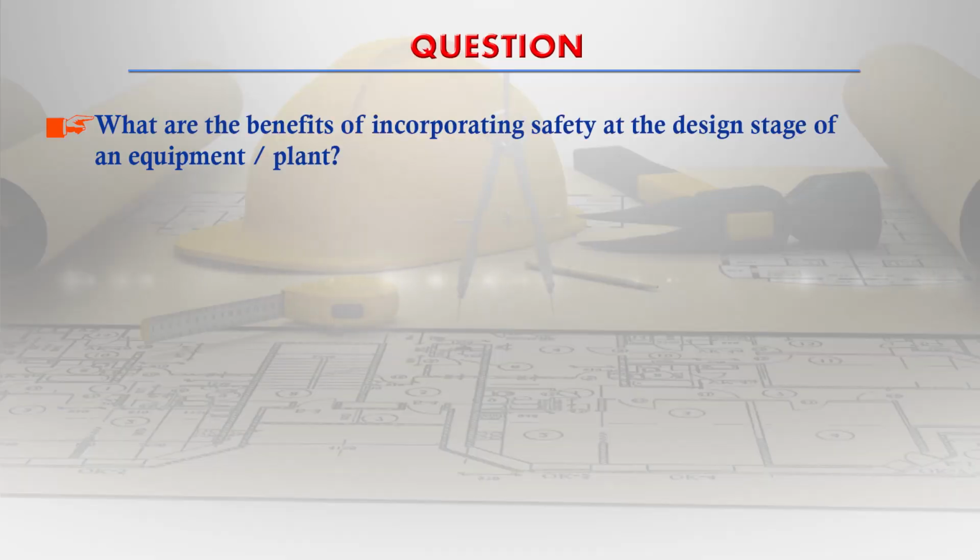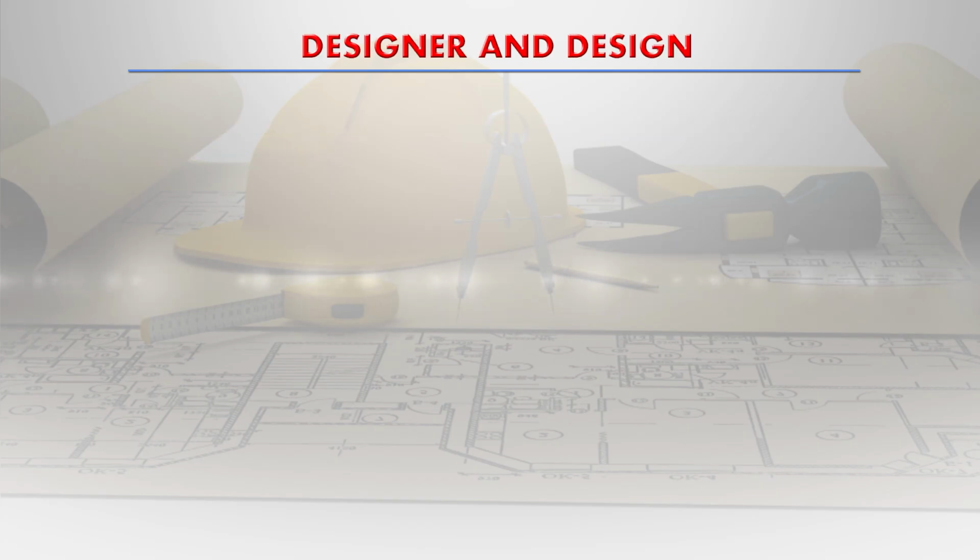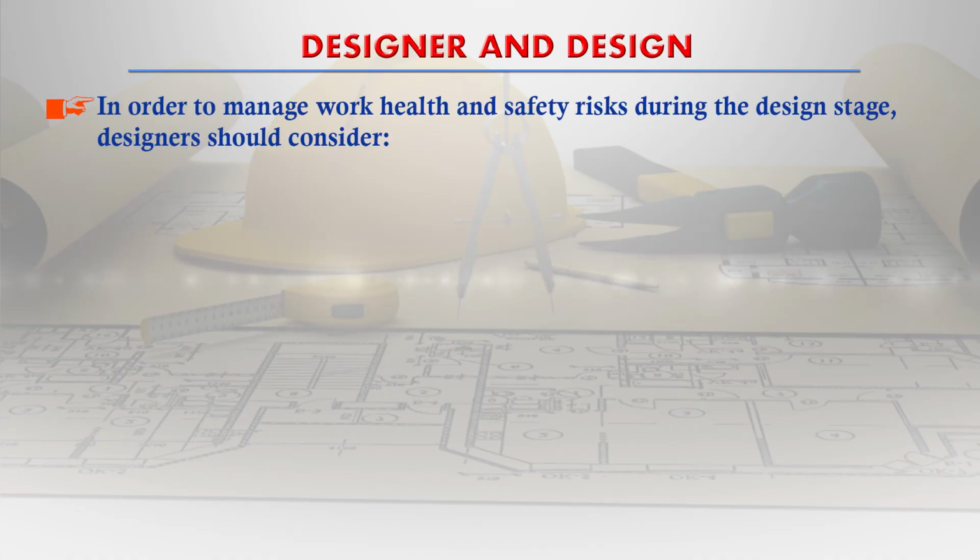After this discussion, you will be able to reply what the benefits are of incorporating safety at the design stage of an equipment or plant. Designer and design concept will be discussed in order to manage work health and safety risk during the design stage.